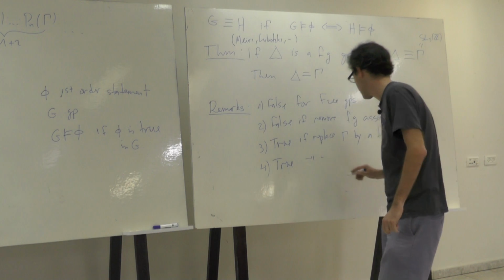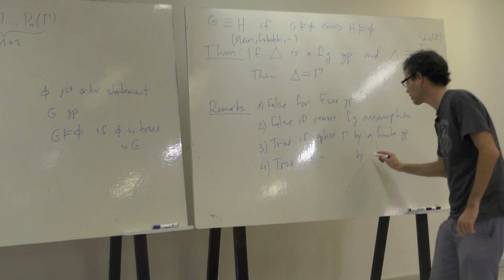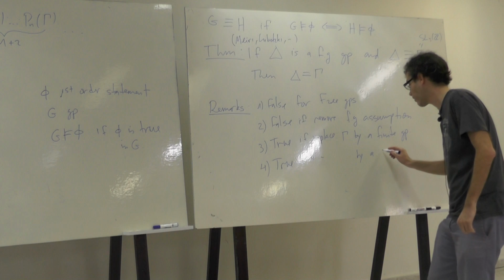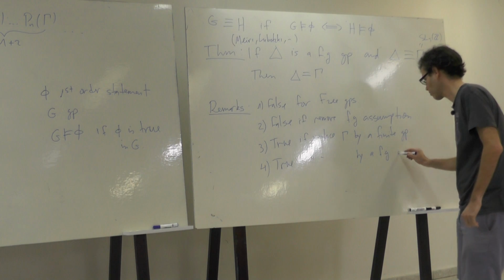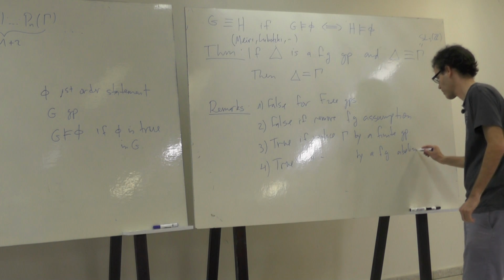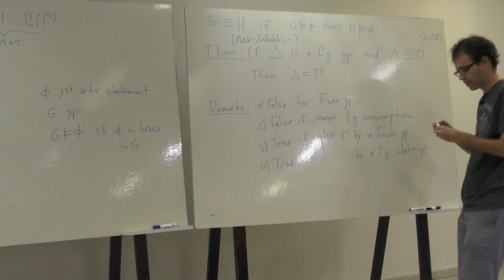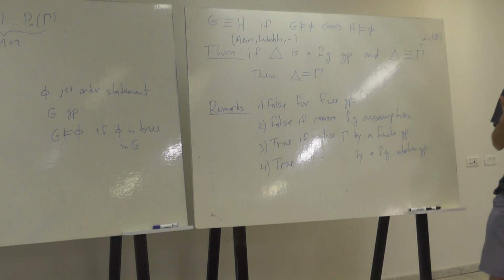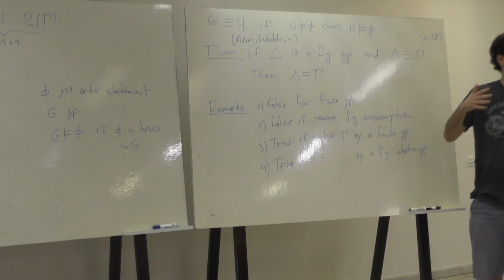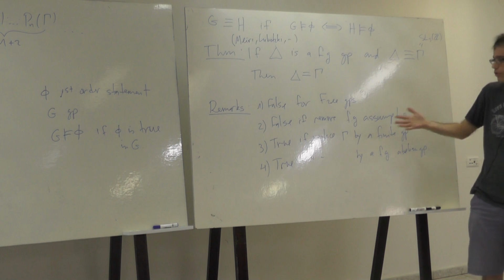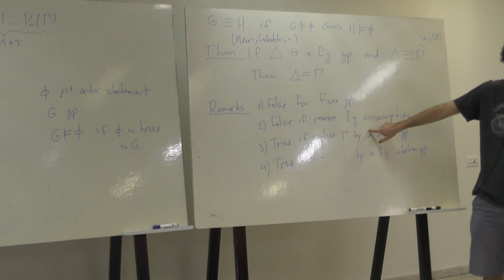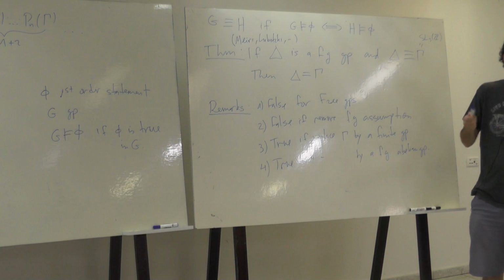And it's not hard to see that it's true if you replace gamma by any finitely generated abelian group. Okay, so every finitely generated abelian group is a torsion times Z to something. The torsion you can get rid of here. The Z to the something you can separate. I'll tell you how to separate Z from Z squared.